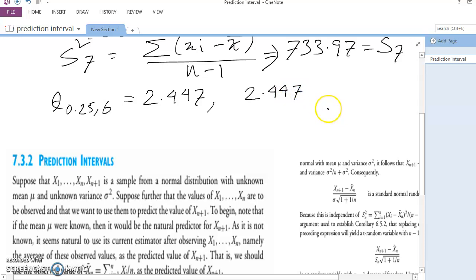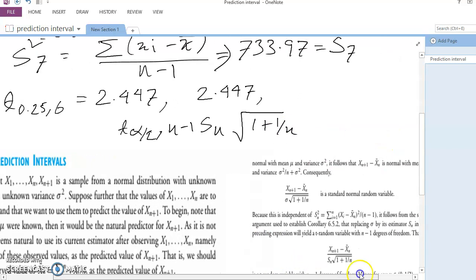My interval estimation is t alpha by 2 with degrees of freedom n minus 1, times Sn times the root of 1 plus 1 by n.